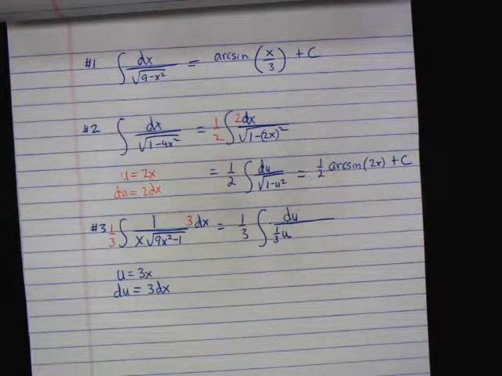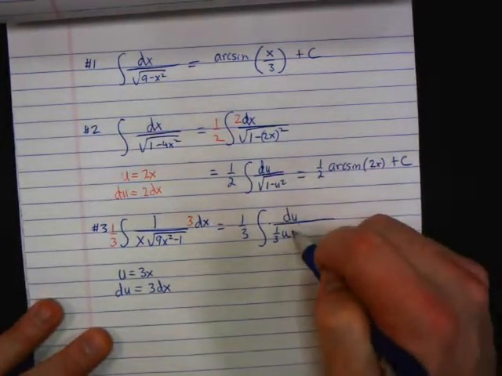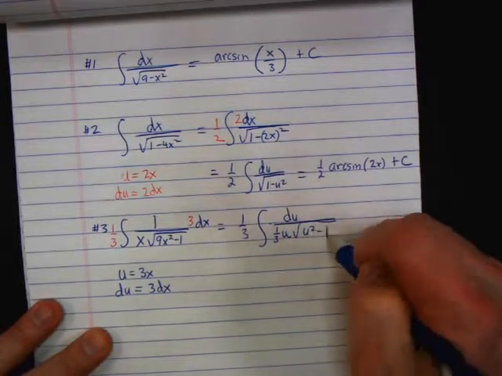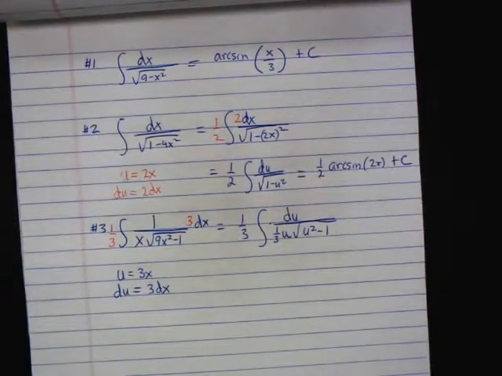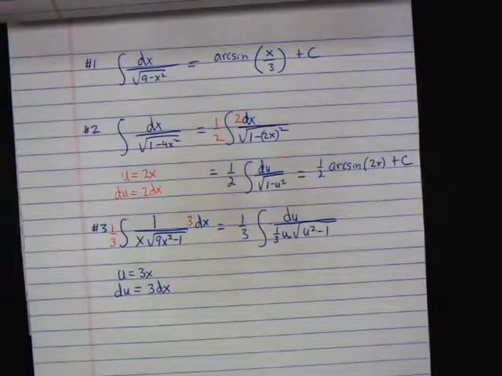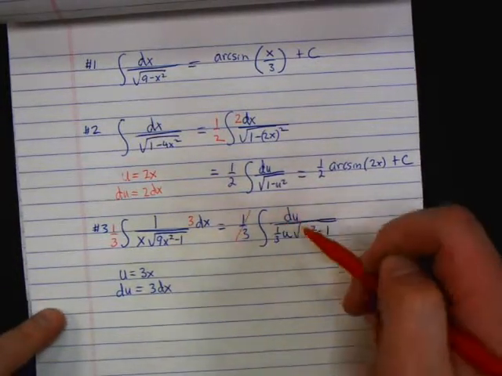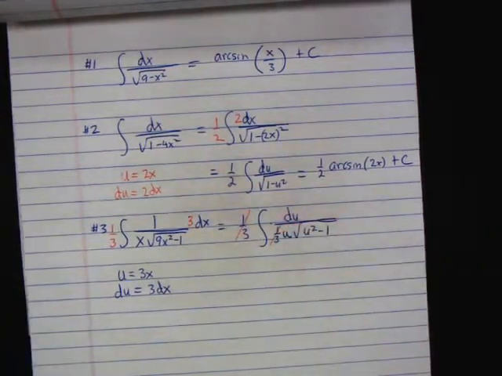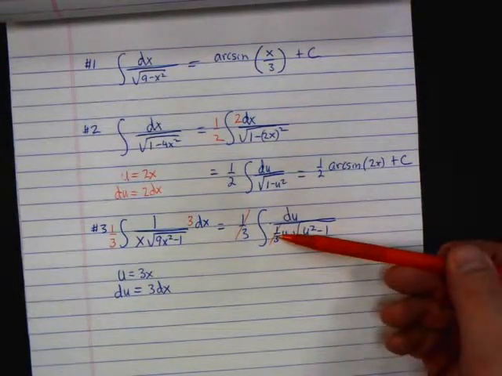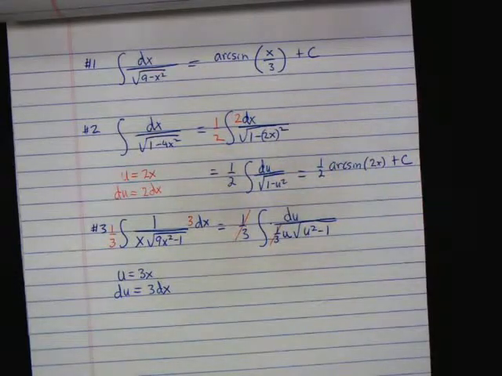That's a 1/3 u. And then we're going to have square root of u squared minus 1. So something kind of interesting happens. That 1/3 reduces with that 1/3, doesn't it? Because this 1/3 is on the bottom of the fraction, so we would flip and multiply, it would be a 3. Those reduce out, that's kind of nice.